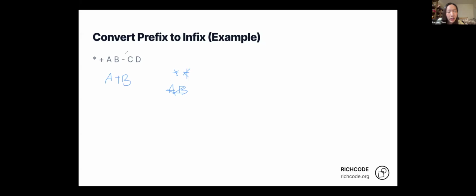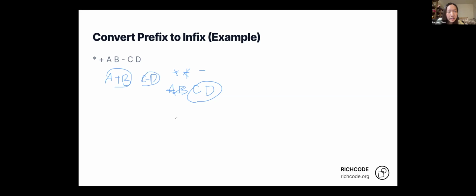And then we add minus to the stack. We add C to the stack, and then we add D to the stack, and now we have two operands again. So then we add the minus in the middle to make this new string. Now these two are basically two more operands.